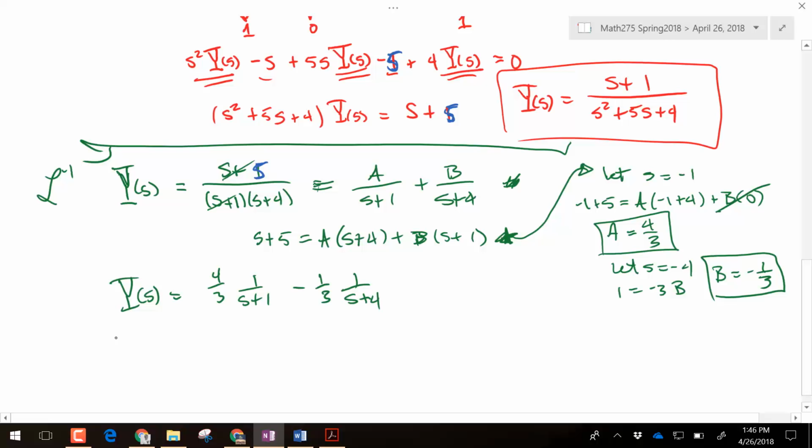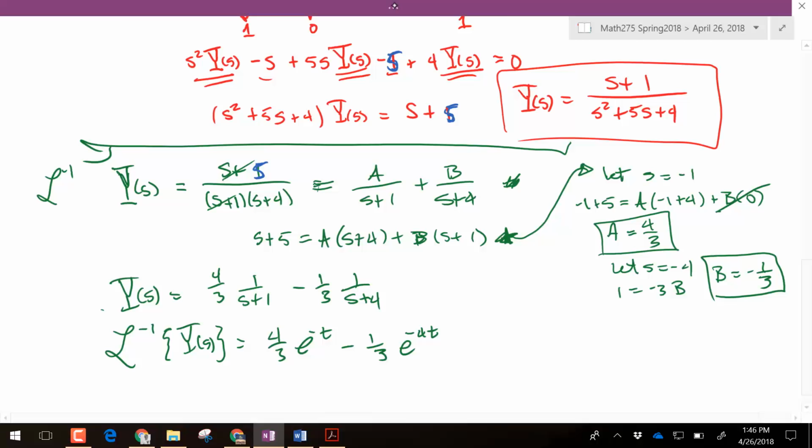And then now transform that back. You're going to get 4/3 e to the -t minus 1/3 e to the -4t. So this is going to be your solution.